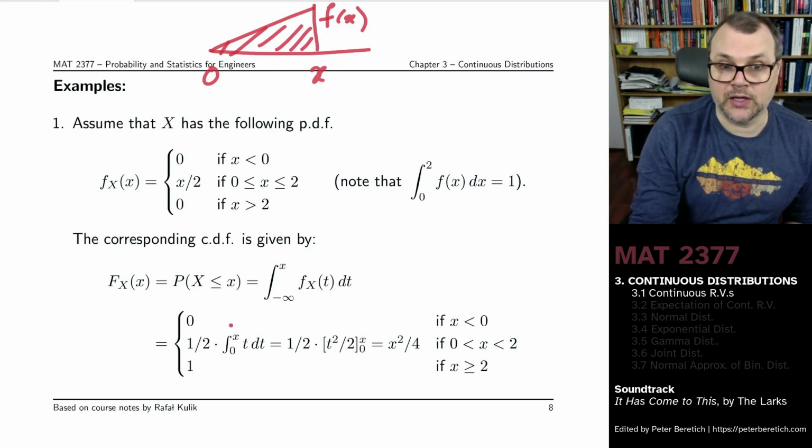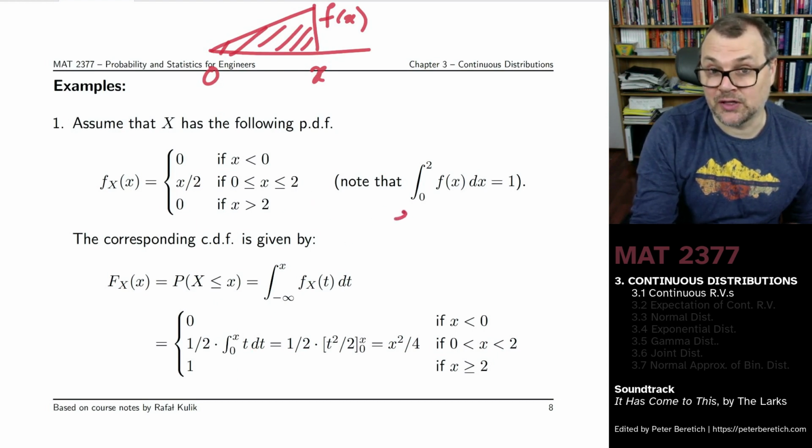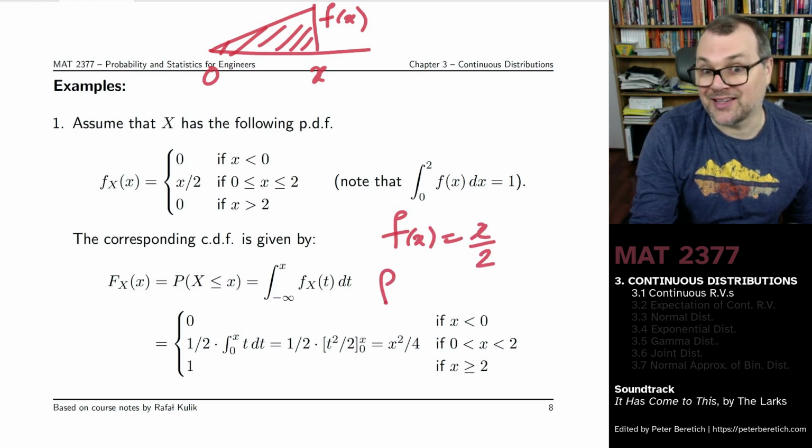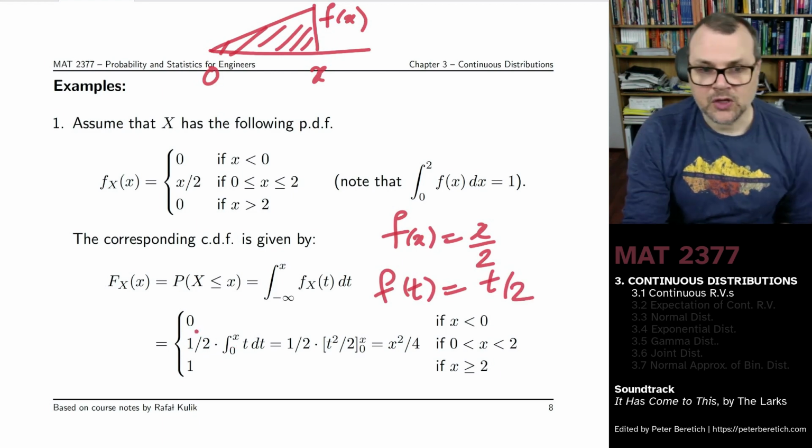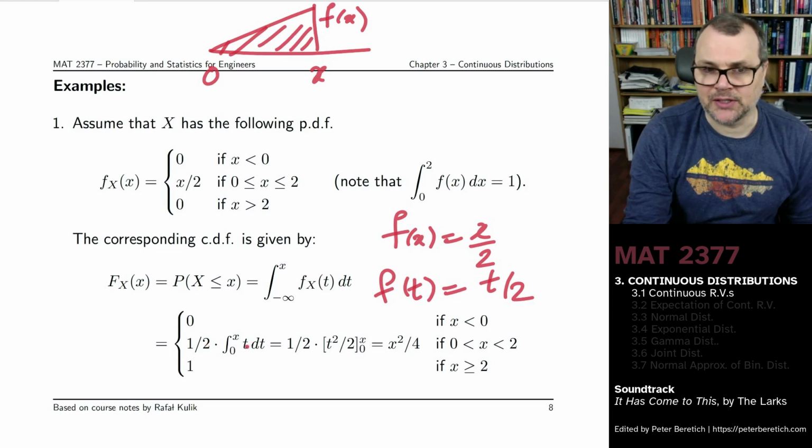So you integrate the function, which is, well, I'm not going to write it as a function of x here, I'm just writing it as a function of t. So if f at x is equal to x over 2, guess what? f at t is just equal to t over 2. So you integrate the function, which is t over 2. The 1/2 is a constant with respect to t, so I can take it out. So you integrate t with respect to t between 0 and x.